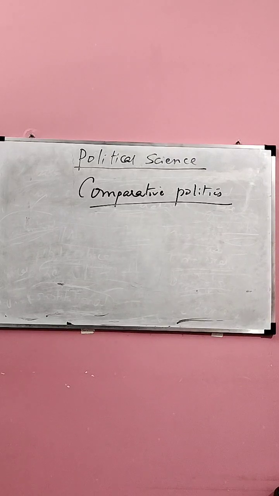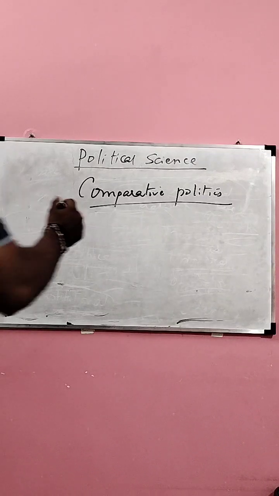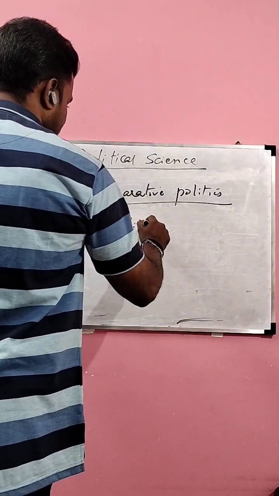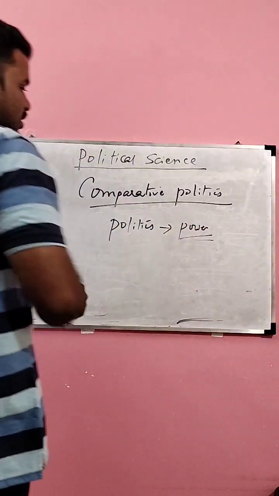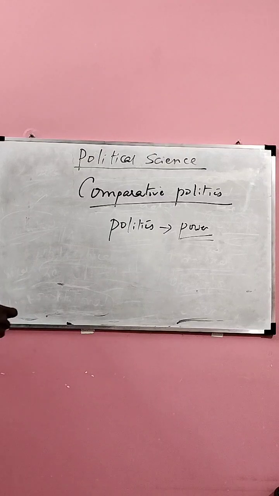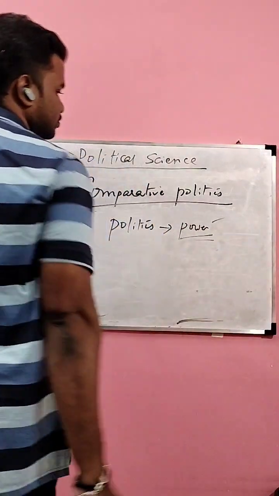Okay friends, what is comparative politics in the first place? As the name suggests, comparative politics is about comparison of politics. Now the question arises, what is politics? Politics is related to power. Whenever there is a pursuit for power, there will be politics.